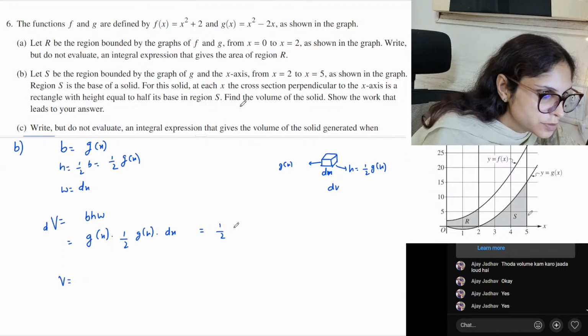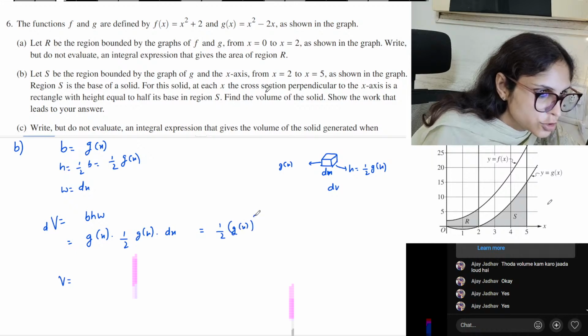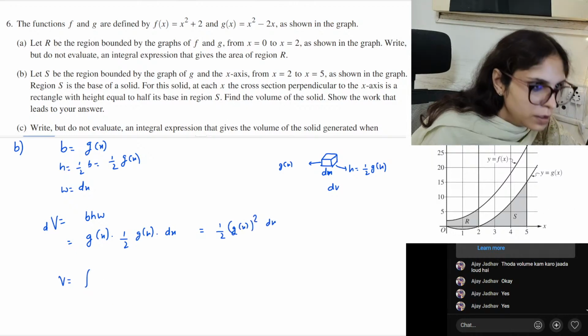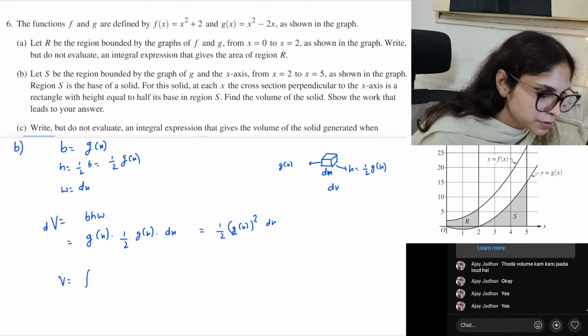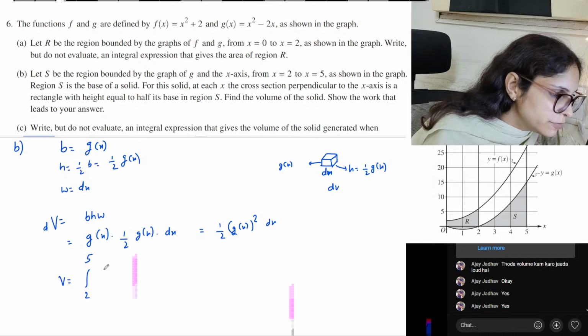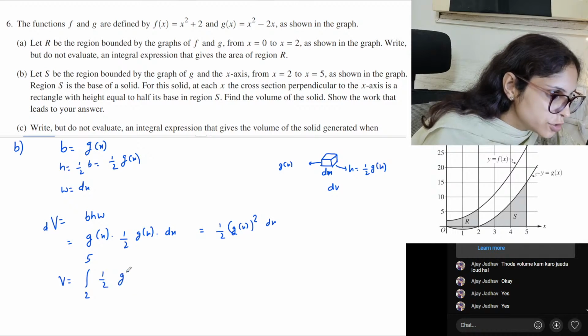And that is half g of x whole squared dx. And the x value is going from 2 to 5. So you're going from 2 to 5, half g of x whole squared dx.